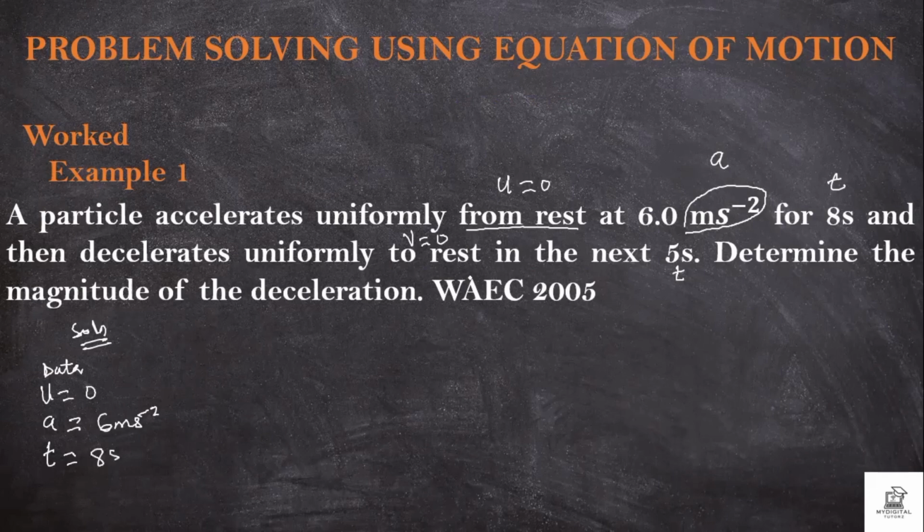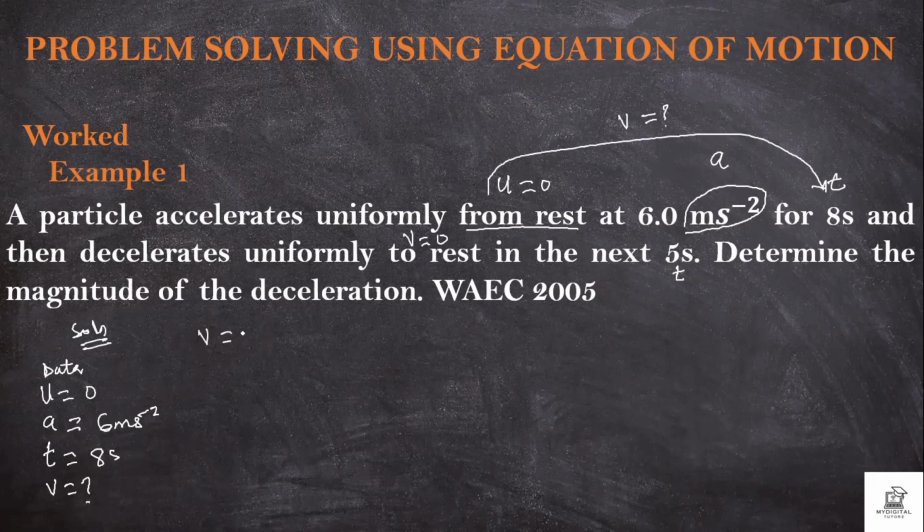If you look at it, during this motion from rest and the time it takes, we don't have the final velocity at this point. So the final velocity is not known. In that case, we have to get our final velocity v, which we don't know.